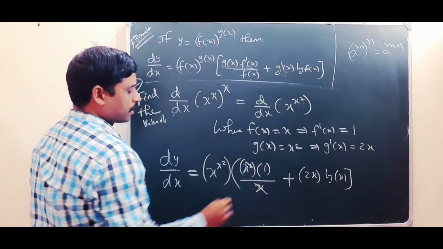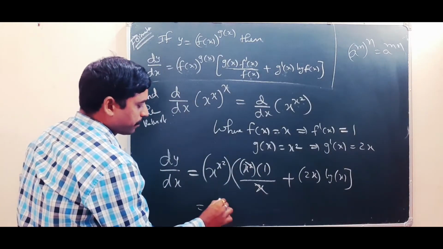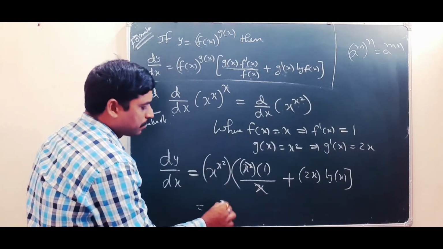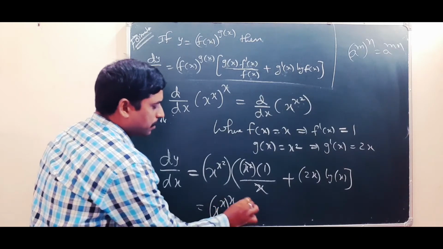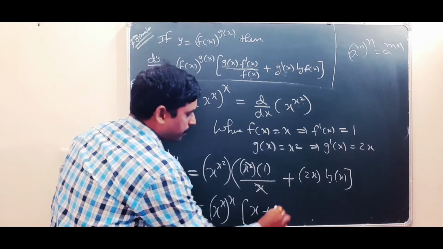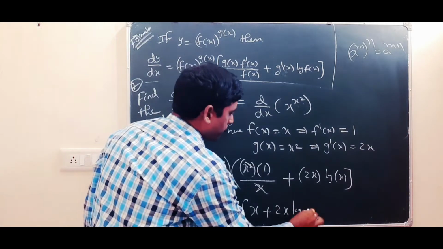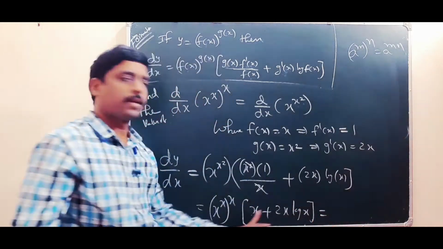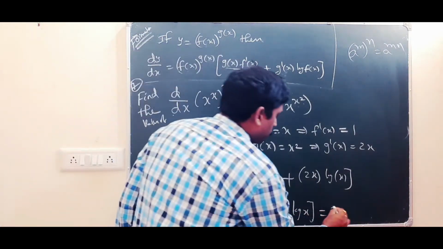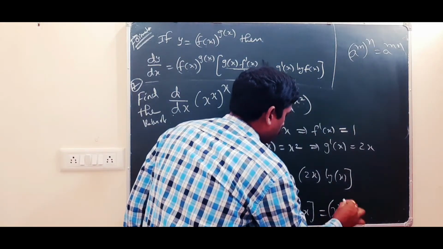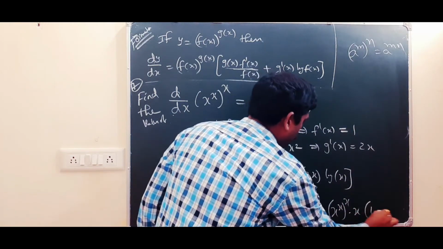Okay, one x gets cancelled. What is the answer? x power x square is nothing but x to the power x. So x plus 2x into log x. In this, take one x out common: x to the power x into x, 1 plus 2 log x.